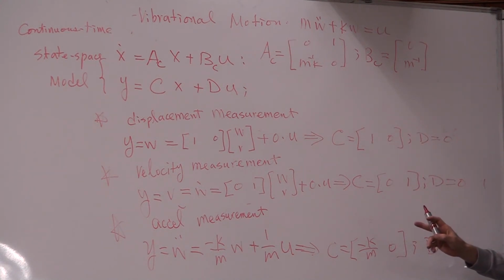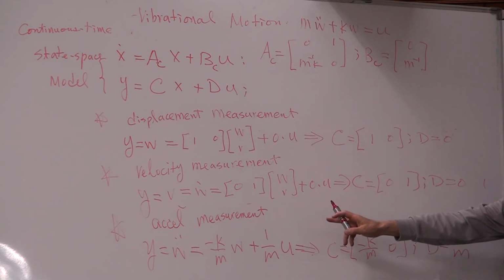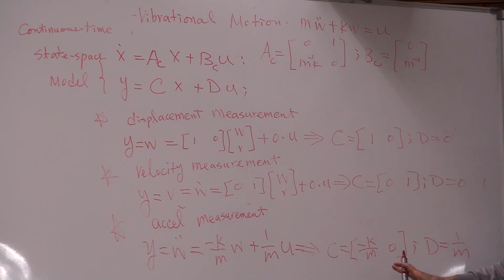In the velocity measurement, C the same, D the same, but in acceleration measurement, C has value, that's minus k over m, 0. Agree? Any questions? D has value. But in rigid body motion, C has no values.